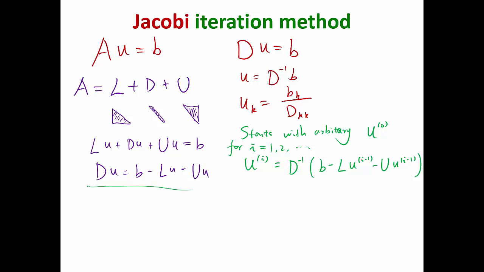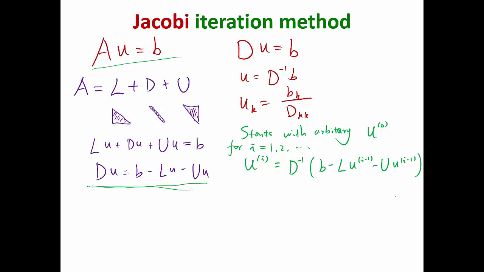So if U superscript i minus 1 and U superscript i are practically the same, and that is equal to U, then basically I have this equation, which is the same as AU equal to B. That means I have solved the equation. That's why I'm doing the Jacobi iteration method.